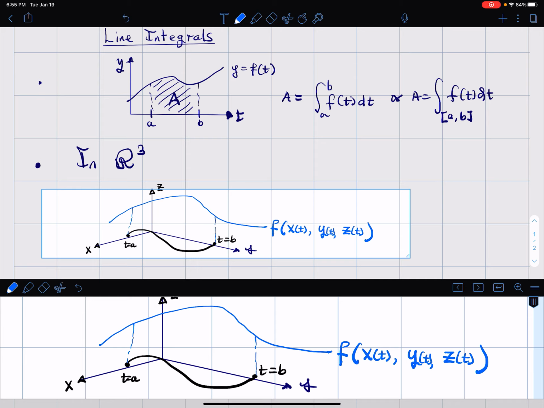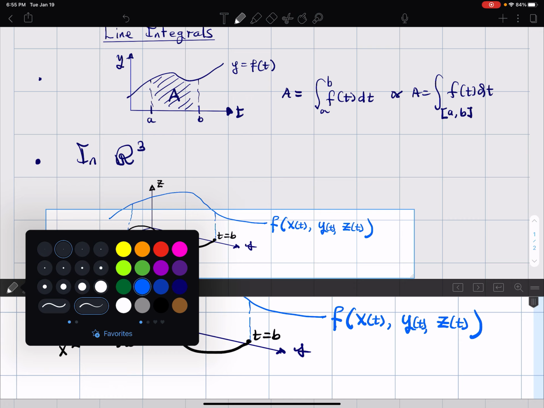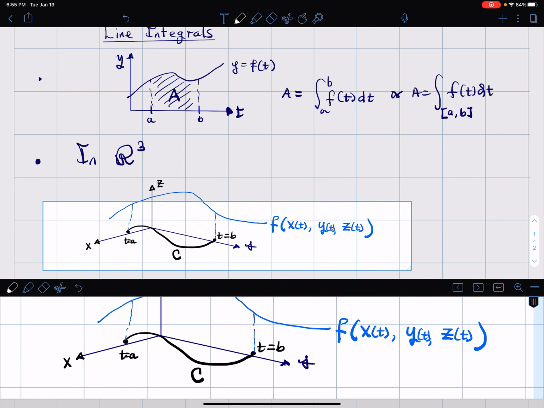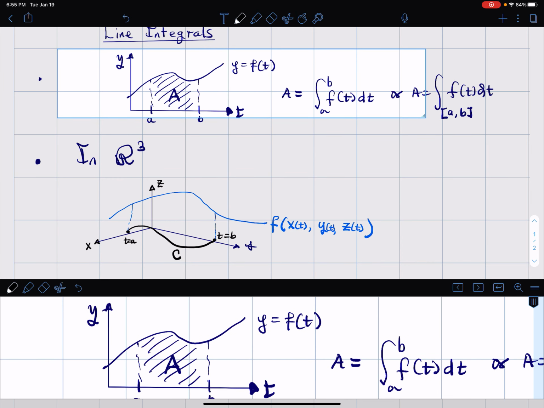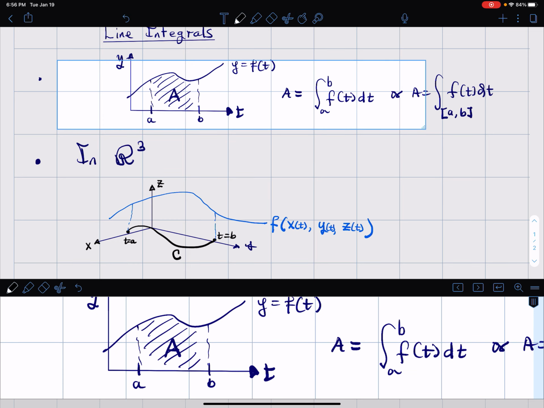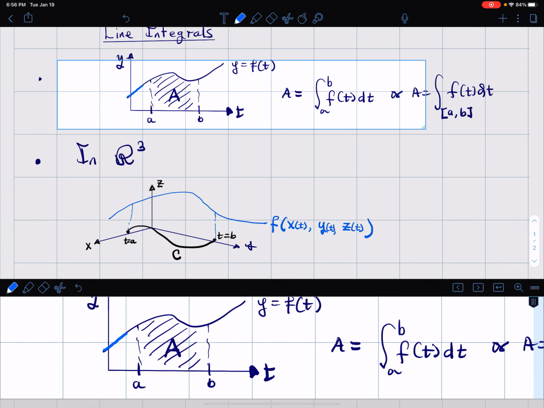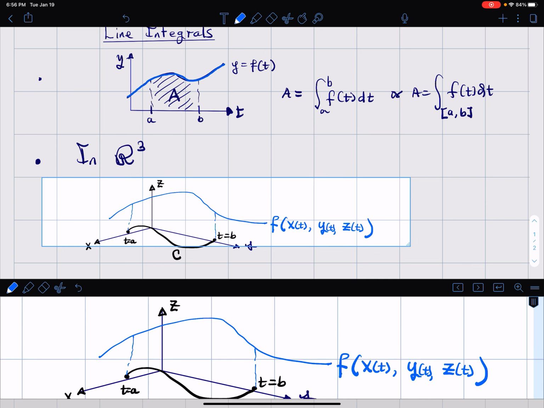All right? Now, what we would like to do is find the area on top of this little black curve. Let's call it C. But under the blue curve. So think of the blue curve as the same thing as the curve here. In R2, we had the function in R2, but now we have it in R3.